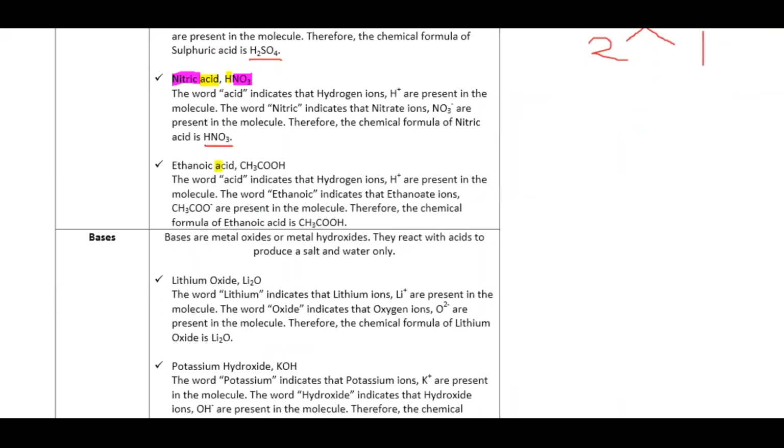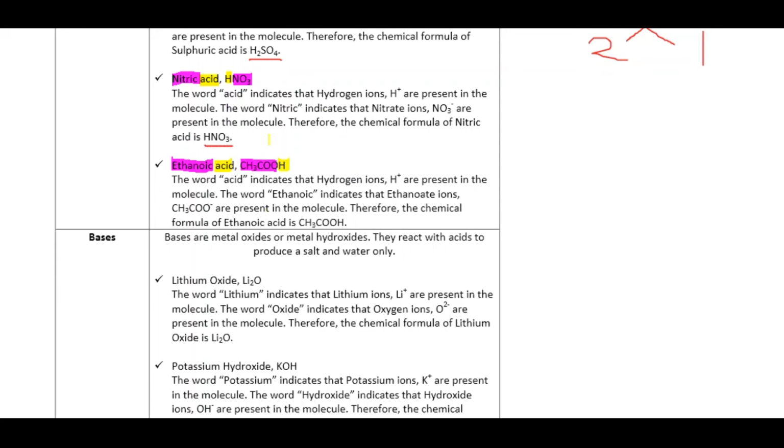So acid refers to hydrogen. In this case it's arranged slightly differently. So acid comes from this hydrogen here, and the word ethanoic refers to an ethanoate ion. Ethanoate ion refers to CH3COO, right?